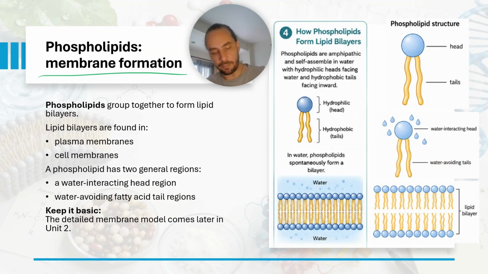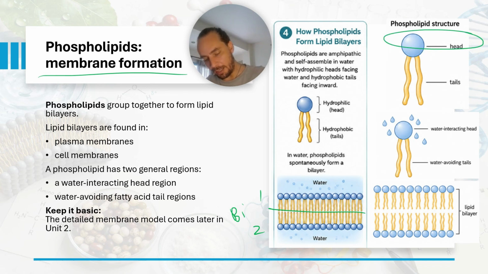Phospholipids and membrane formation. So phospholipids are part of the cell phospholipid bilayer. And it's called a phospholipid bilayer because it has two layers. So this is layer 1 and layer 2. That's why it's a bilayer. And phospholipids have a head, okay, and a tail.